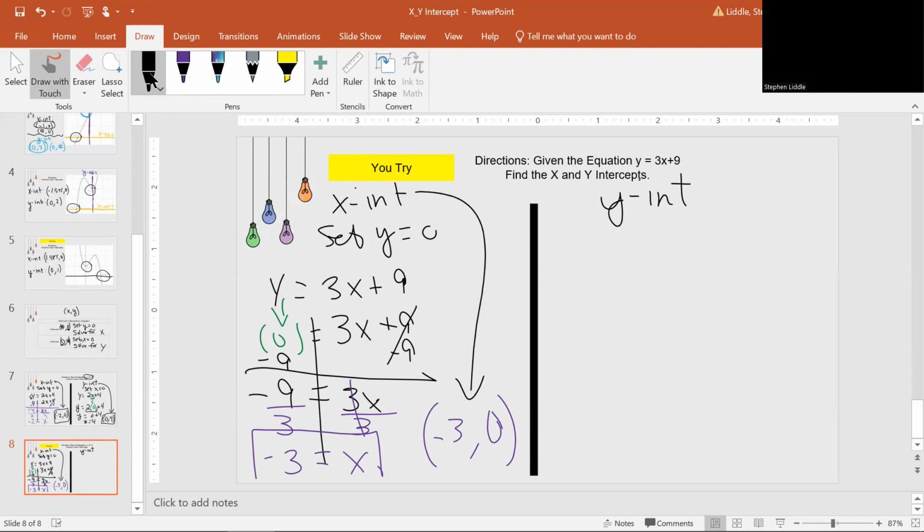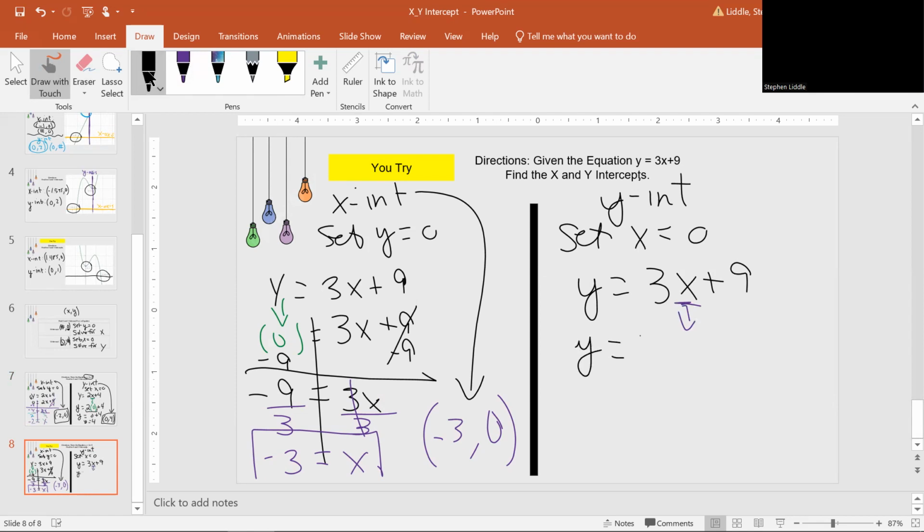For our y-intercept, we're going to set x equal to 0. So I have y equals 3x plus 9. Our x is going to turn into the 0.